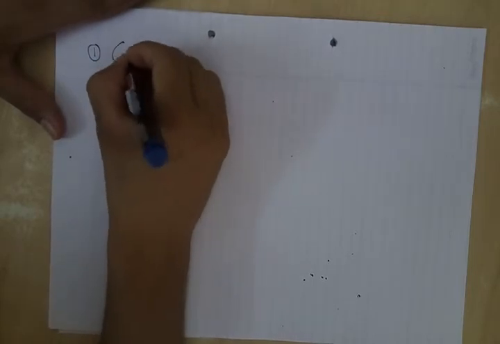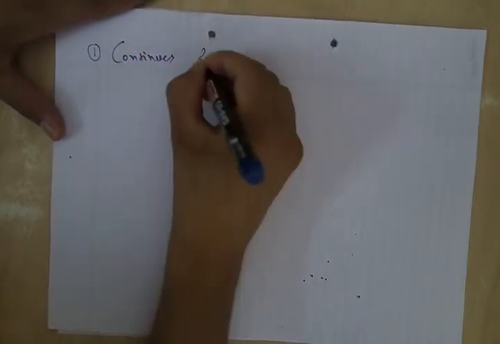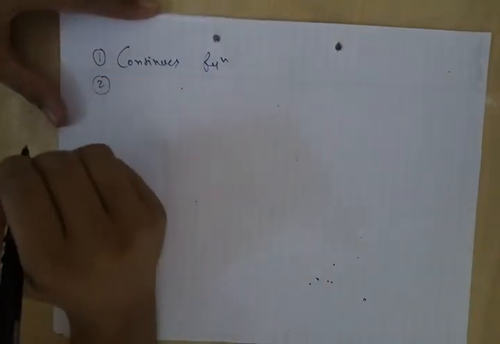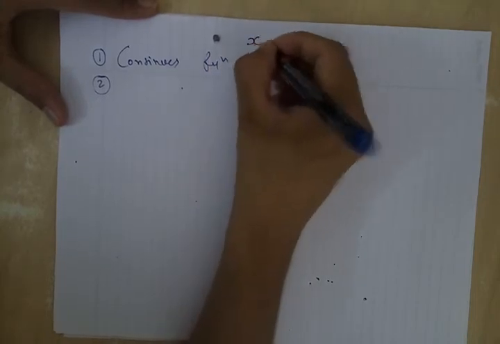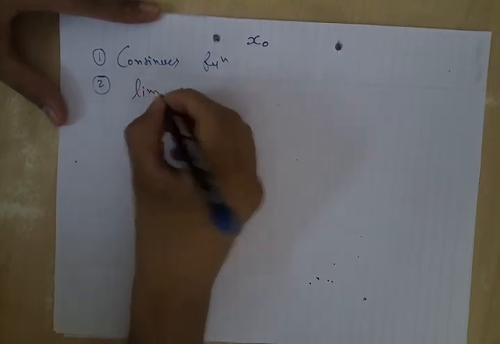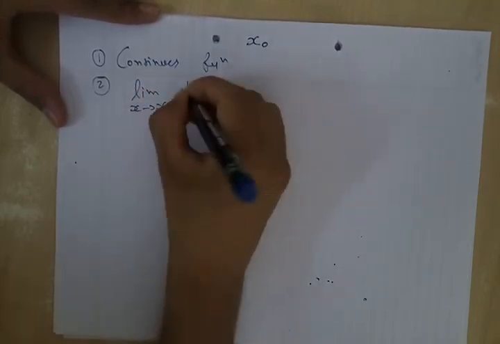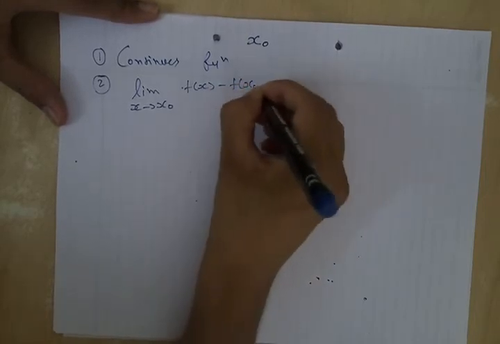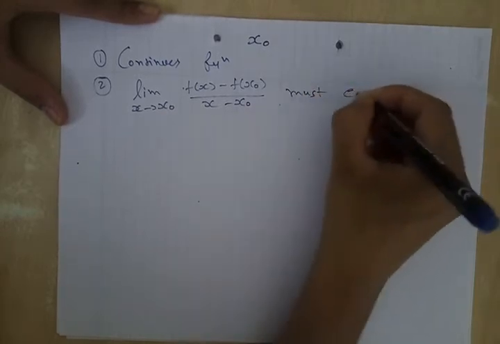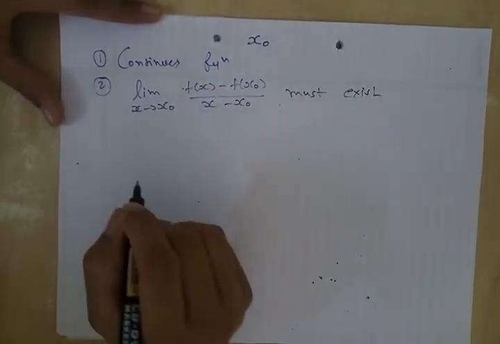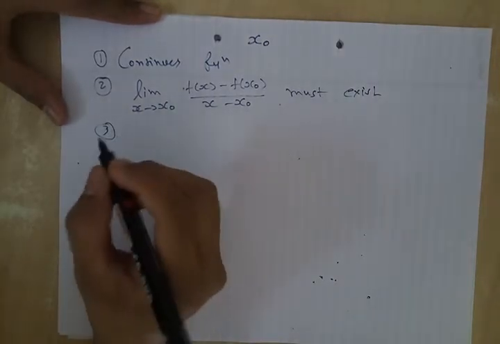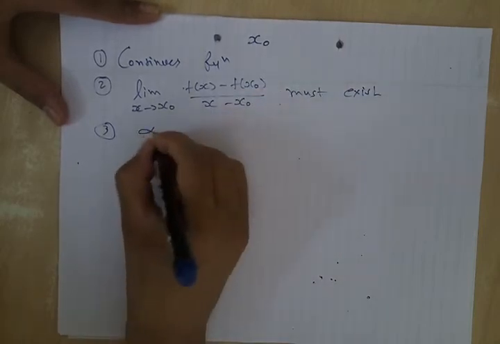And the second condition is, if the function is differentiable at a particular point x0, then the limit as x tends to x0 of (f(x) minus f(x0)) upon (x minus x0) must exist. This limit should exist. And the third condition is, this limit should not be infinity.